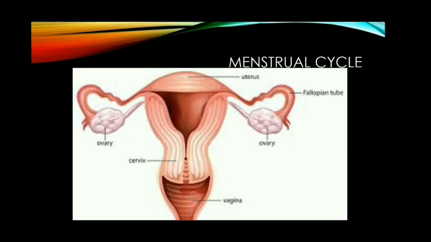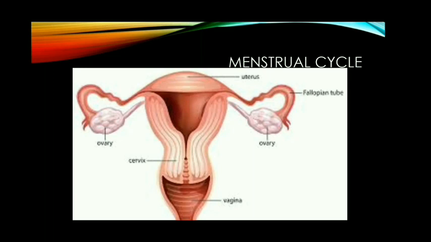Why do we call it a dead ovum? Because this unfertilized egg in the fallopian tube remains alive only 24 hours after ovulation. Afterwards, it will die.